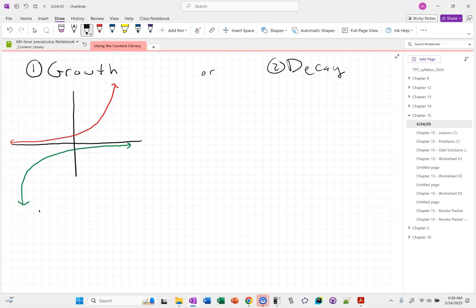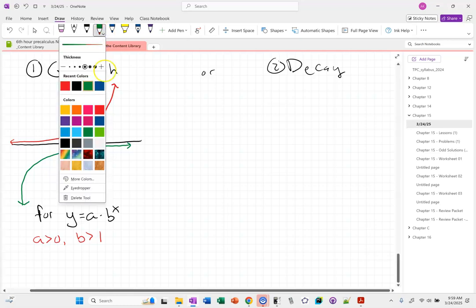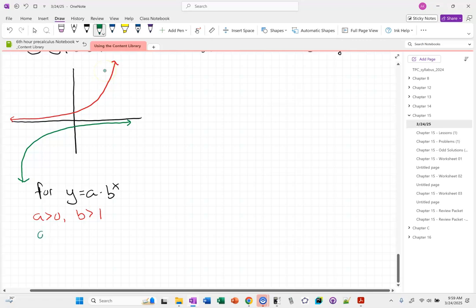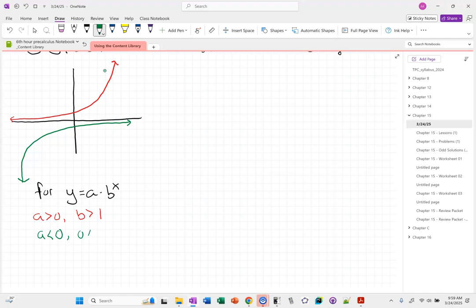So if I have written it this way, that would tell me that the a needs to be positive and the b has to be greater than 1. Or if it's the green graph, that's where the a is less than 0, but the b is between 0 and 1.